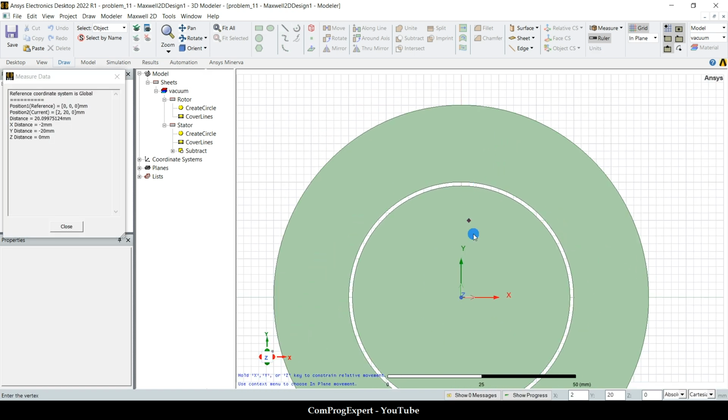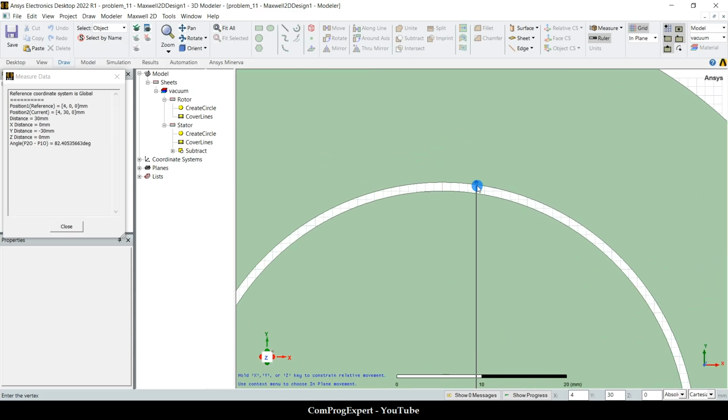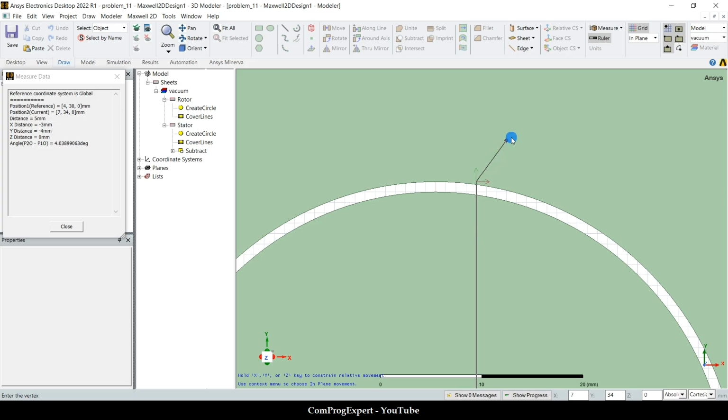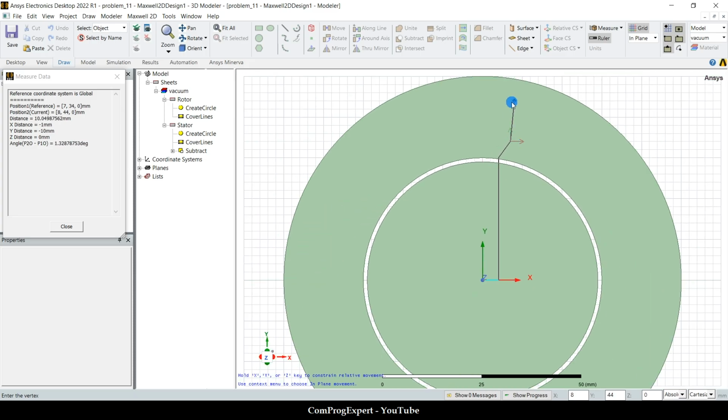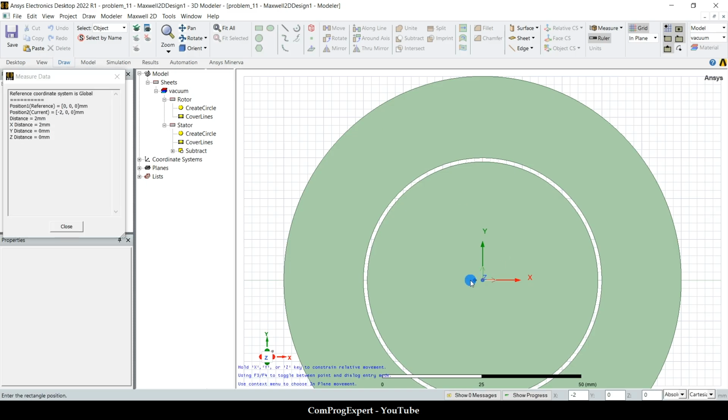Here, I am going to consider this polyline. Rectangle 1, excuse me. This is simpler if I just use a rectangle like this.